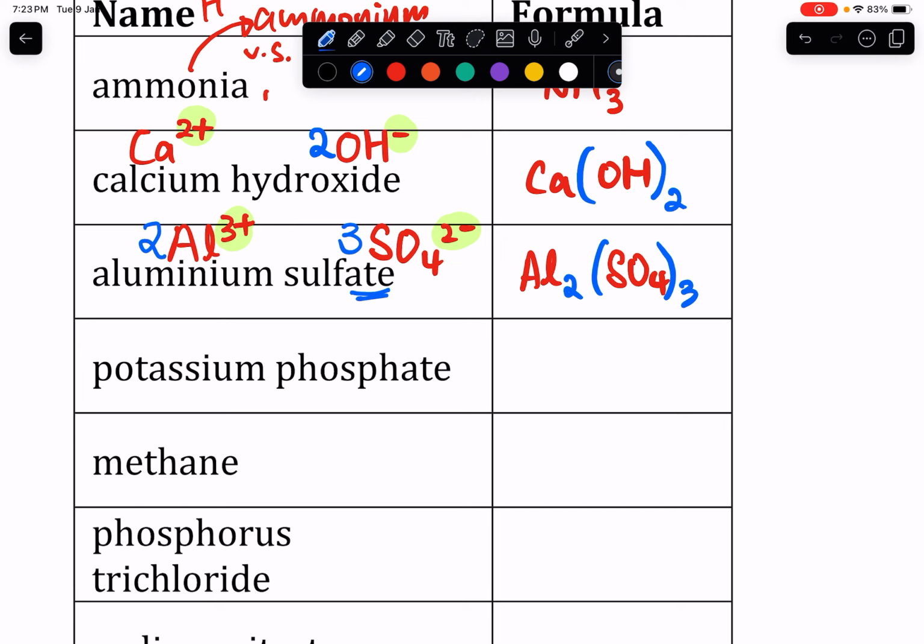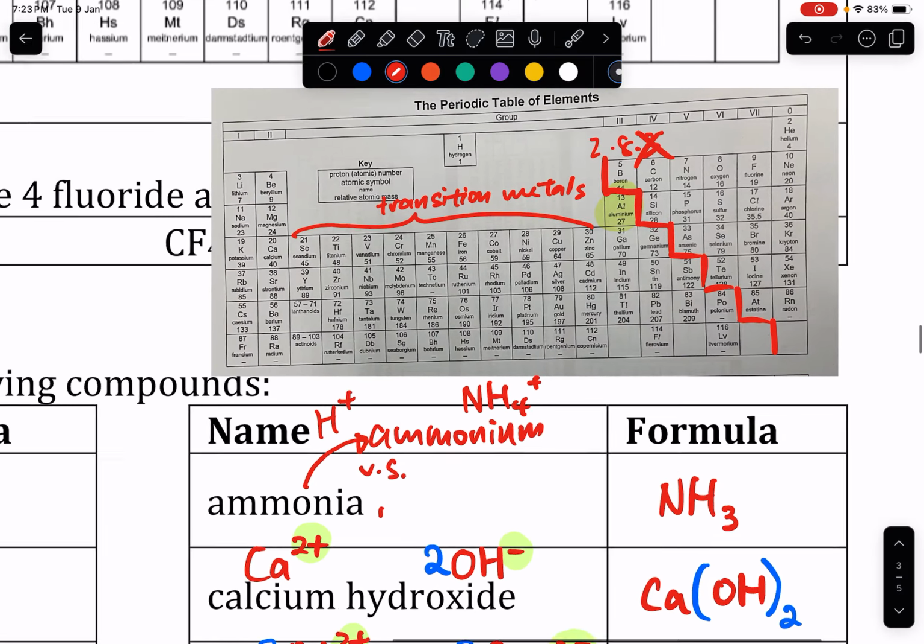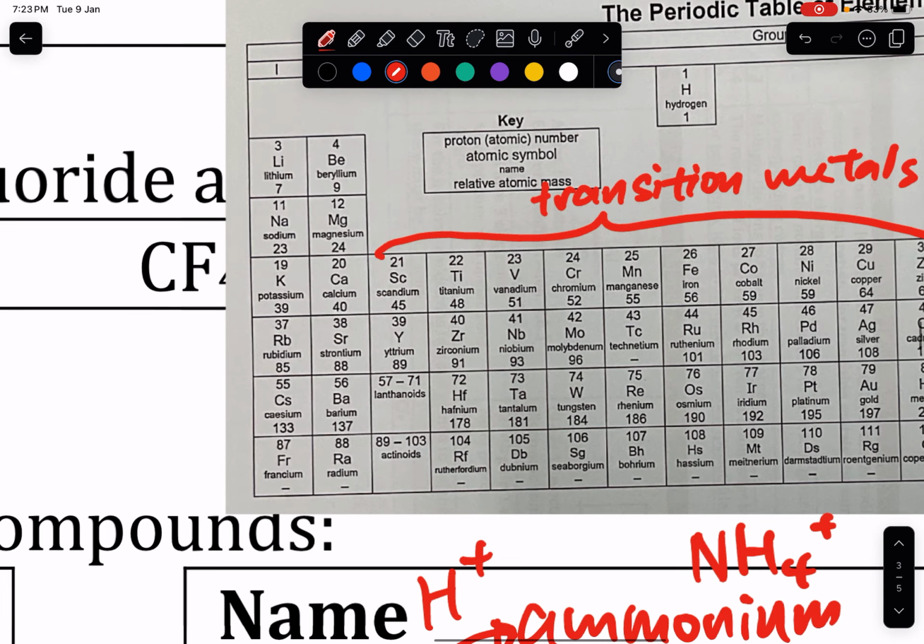Next, potassium phosphate. Potassium phosphate is a polyatomic ion that has to be memorized. Actually, for your syllabus, you don't need to memorize this, but I've given it to you. So it's PO4 3 minus, and potassium can be found here, 2,8,8,1 to form 19.